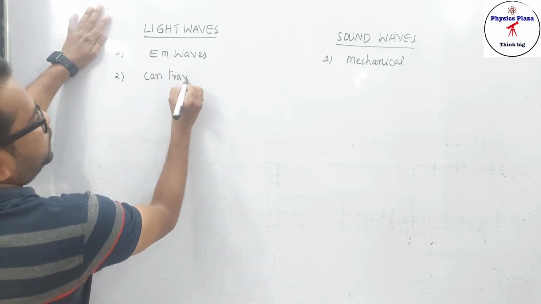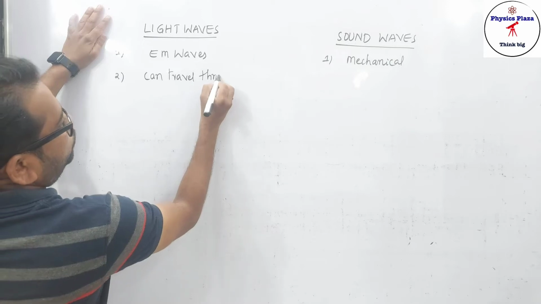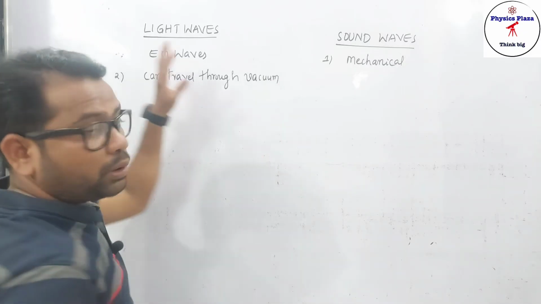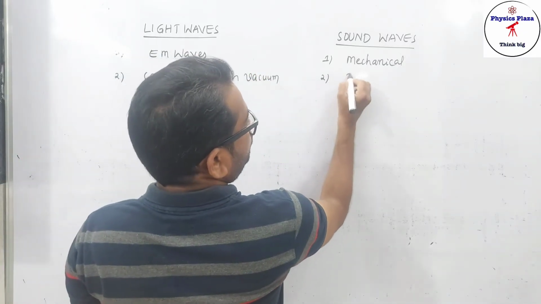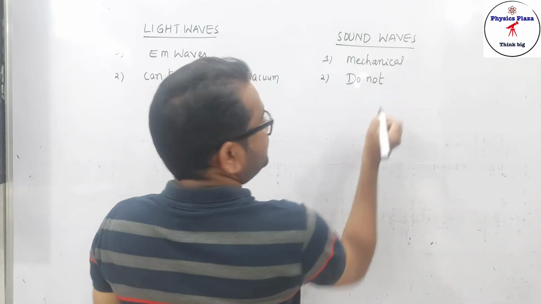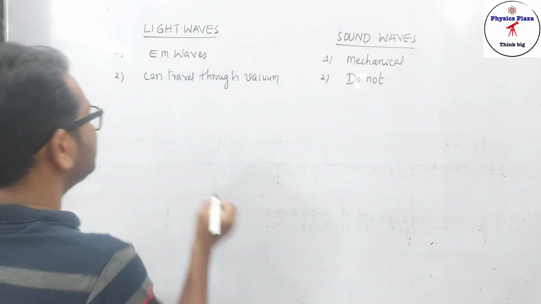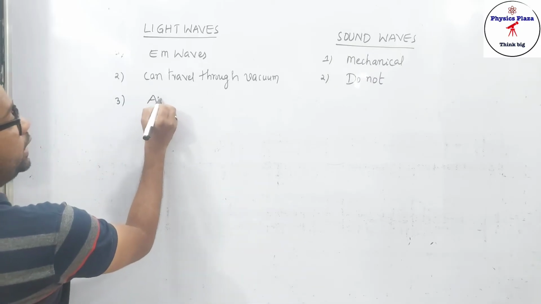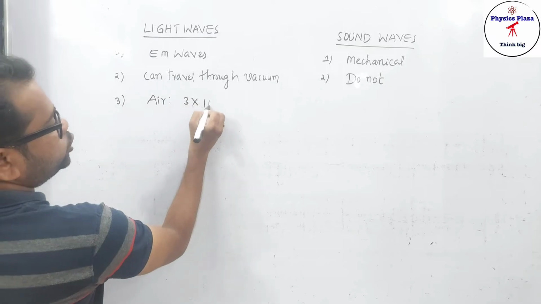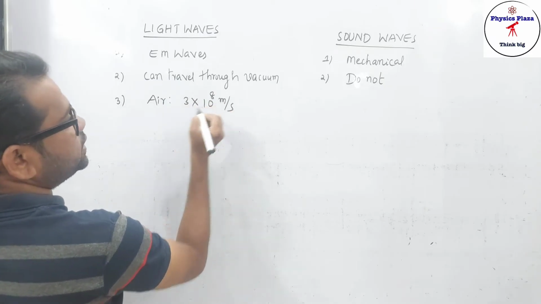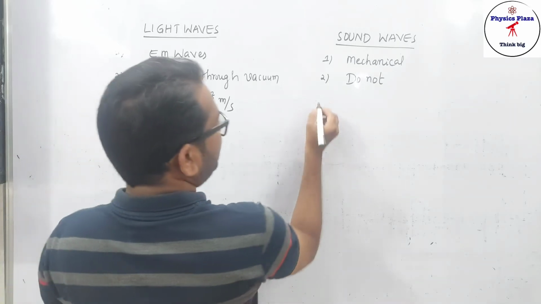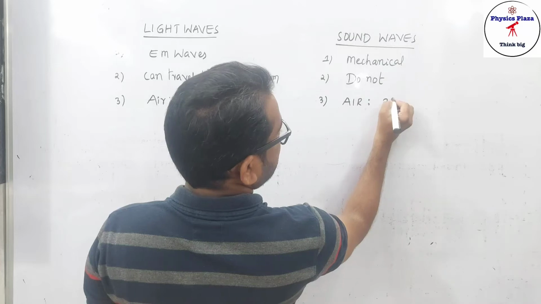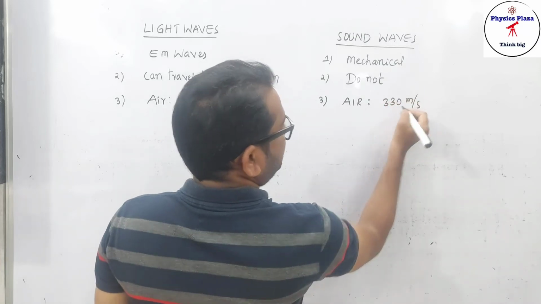Very, very important. But sound waves do not travel through vacuum. Is it clear? And the speed of light waves, strictly in air, is 3 into 10 power 8 meter per second, whereas the speed of sound in air is approximately 330 meter per second.